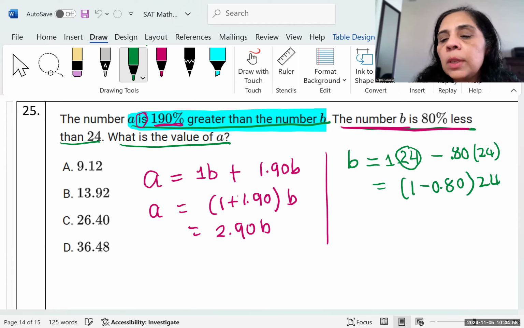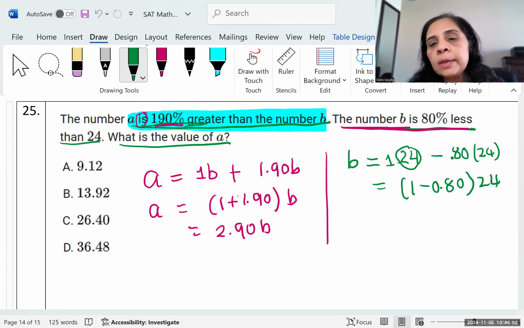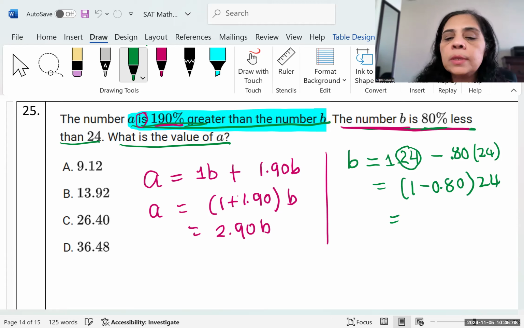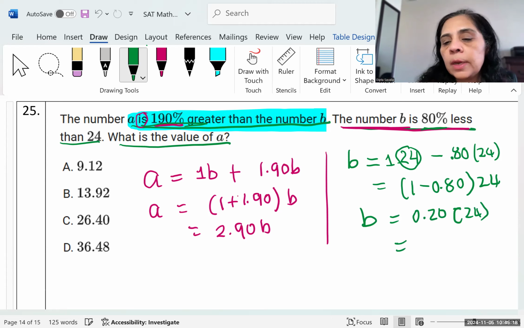Or you can think directly: if it's greater than, you add to 100; here it is less than, so 100 minus 80, which is 0.20, right? 20% times 24 is the B value. So 0.20 times 24 is 4.8.